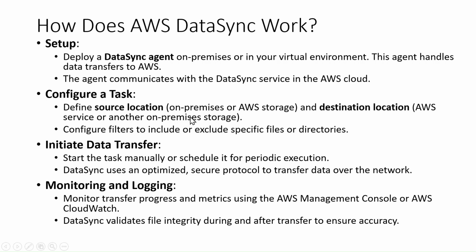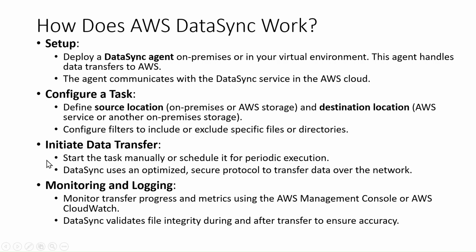That can also be done while configuring the task and initiating the data transfer. This is done on the source side and this is done in the cloud environment. Once that is done, we need to start the data backup either manually or schedule it for periodic execution.